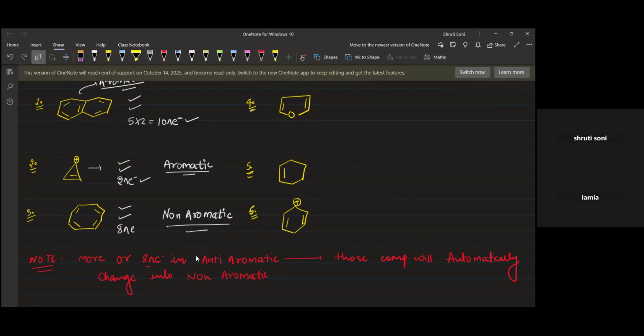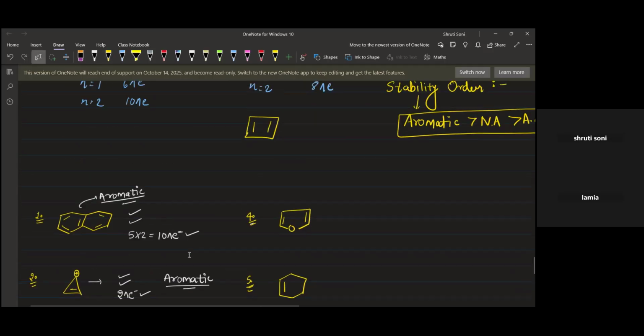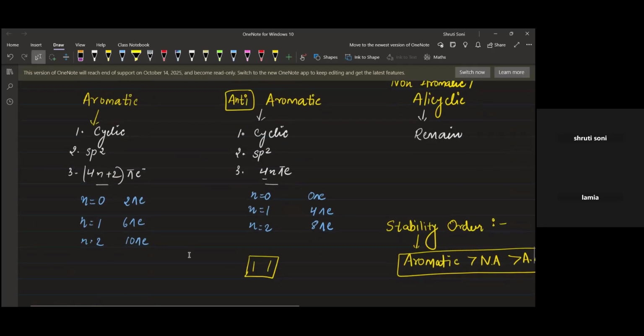So see the third one. How many pi electrons in the third molecule? 8 pi electrons. So 8 pi electrons lie in which region? Do they belong to aromatic or anti-aromatic?